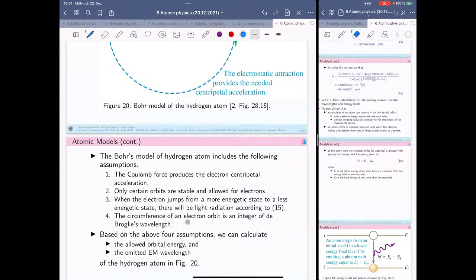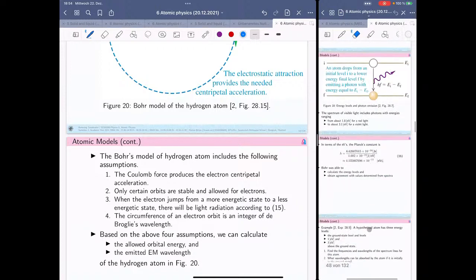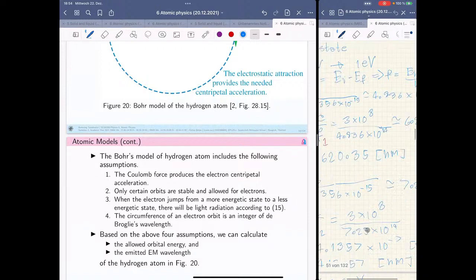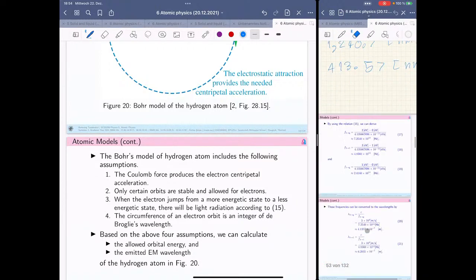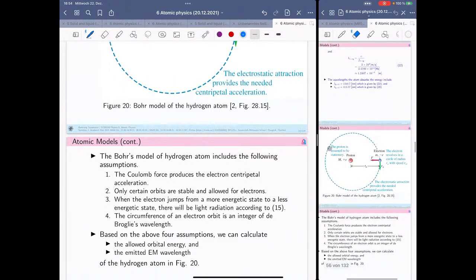Fourth, the circumference of an electron orbit is an integer multiple of the de Broglie wavelength.